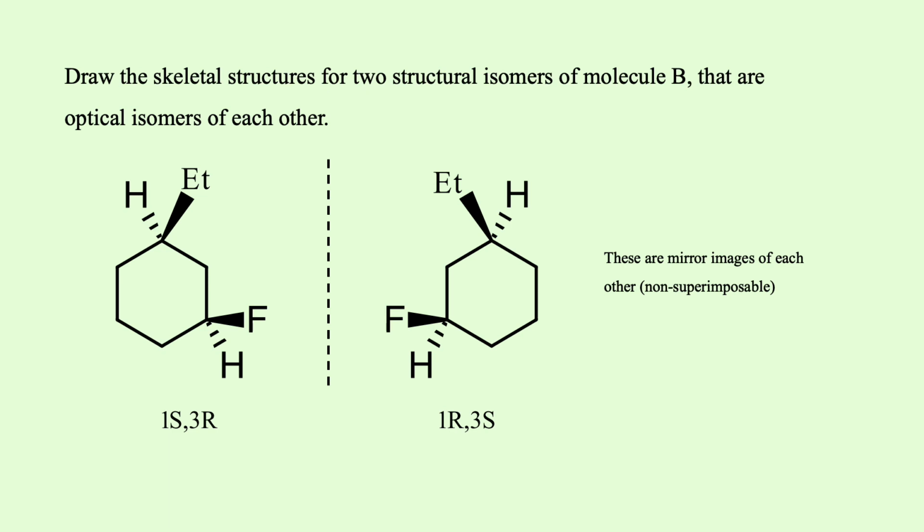Also, when working out whether the 2 chiral centers are an S or an R, you start with the highest priority group. In this situation, it'll be the fluoride group and then the ethyl group. And the S would be anti-clockwise and the R would be clockwise. And the other enantiomer is the opposite, as it is the mirror image.